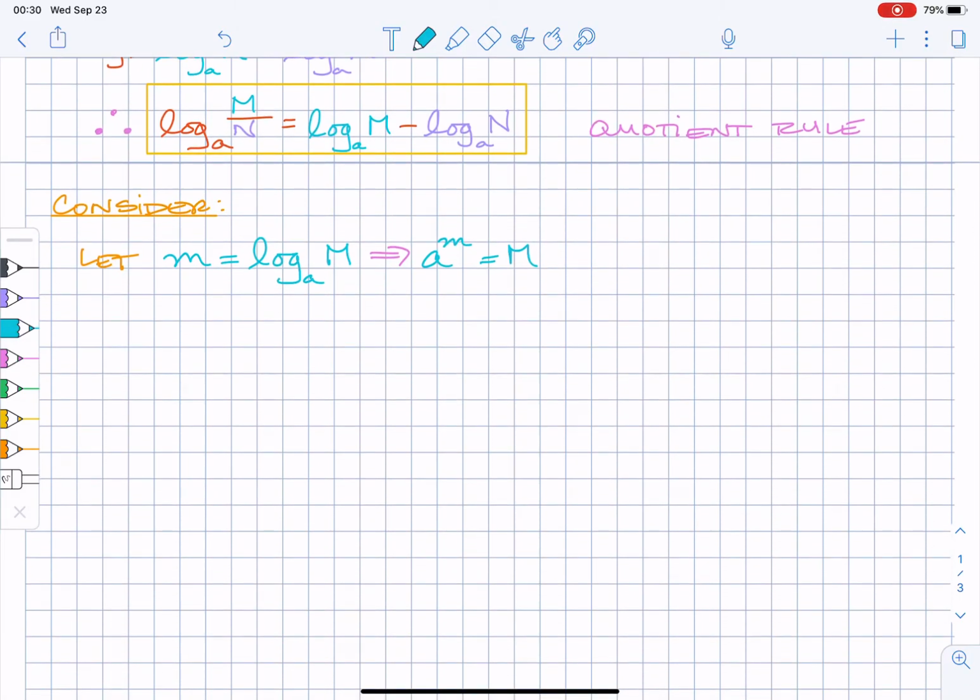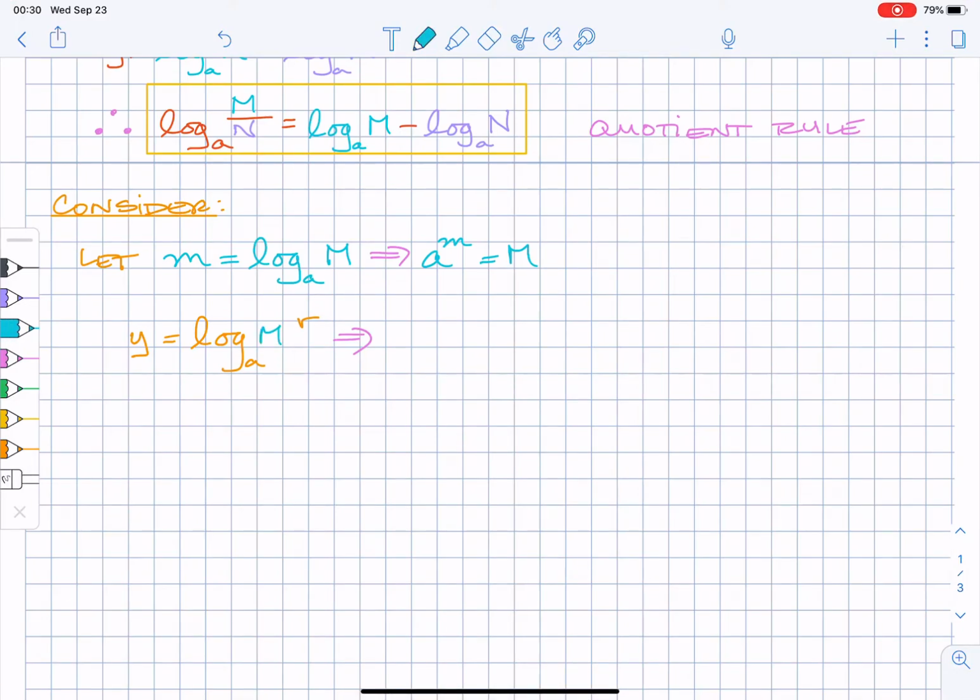Okay, so now we're going to let y be equal to log base A of m to the r. Actually, let me write that M in blue so it's explicit.